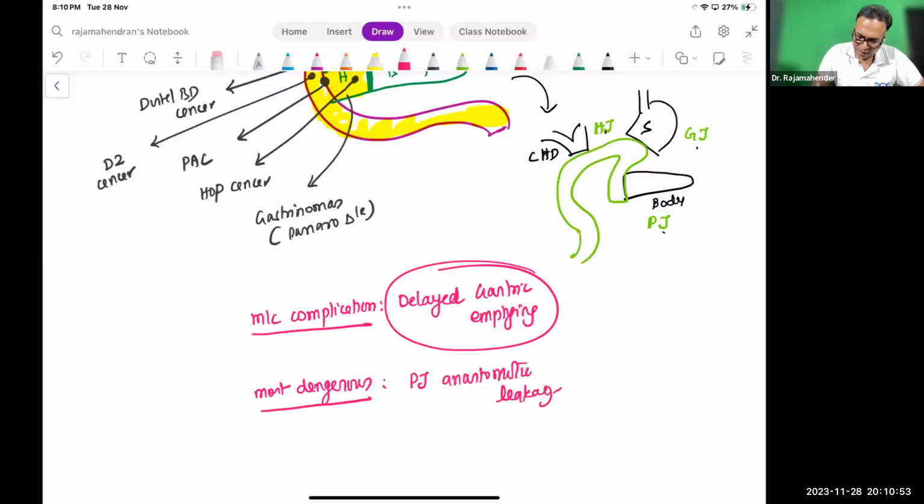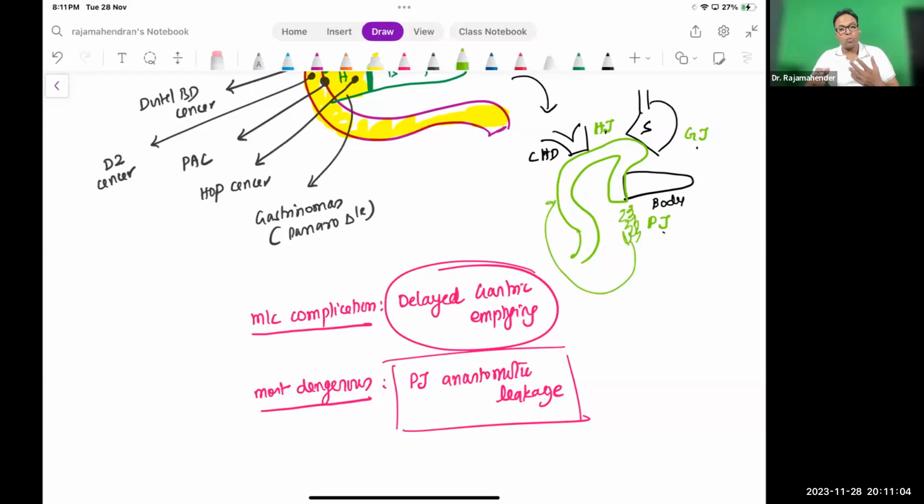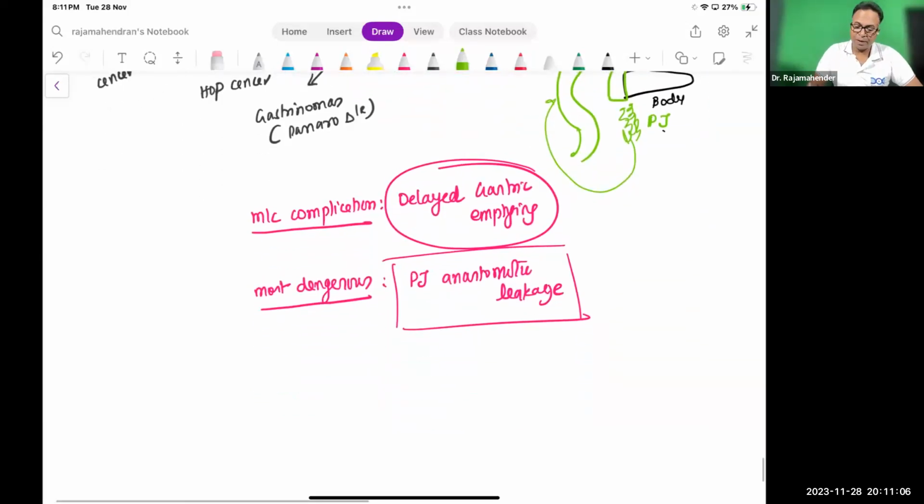With such a leakage, the pancreatic juice will cause so much damage, and the patients can die. Most common cause of death is also this reason. Most common cause of death is PJ leak.